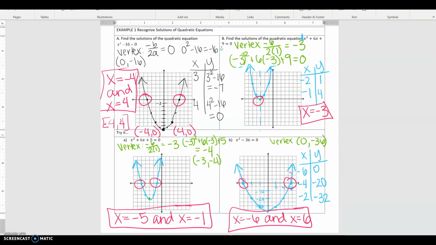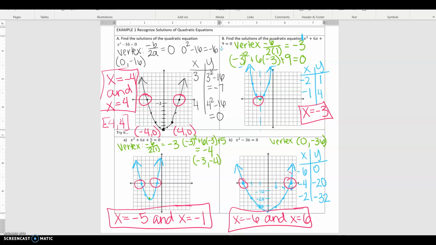Okay, and then this one here, our vertex, if you plug in b is 0, so 0, and then 0 squared, 0 minus 36 is negative 36. So I scaled by 5s, so 10, 15, 20, 25, 30, and so on. So our vertex is way down here. And then I plugged in negative 2, negative 4, and negative 6 into this equation.